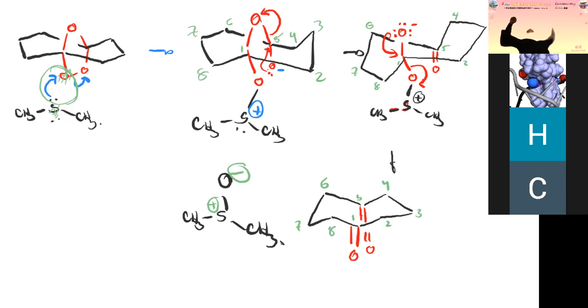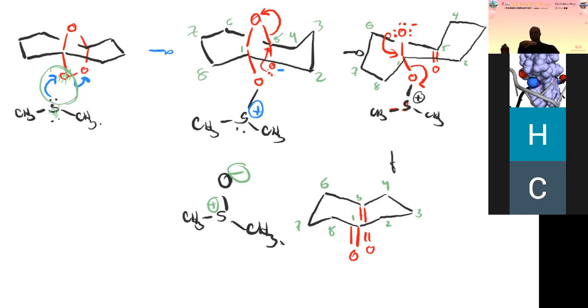Yeah, so forget that first part. I think what's probably happened is you crossed two circuits there. Attack at the less hindered carbon is favored. But attack at the less hindered carbon leads to the more substituted, or you could say the more hindered, radical.